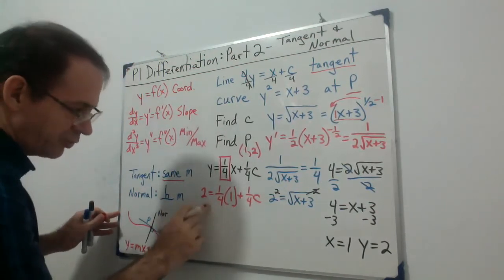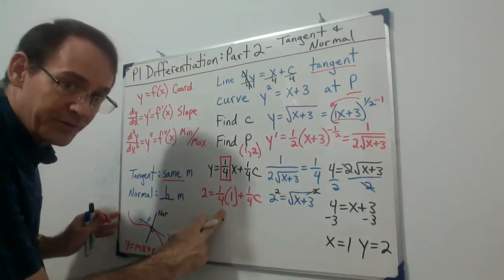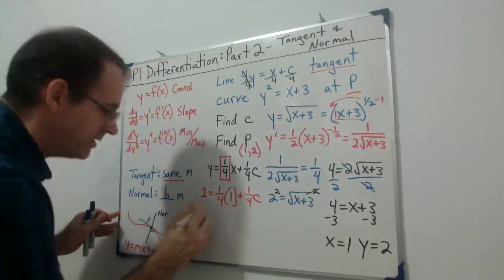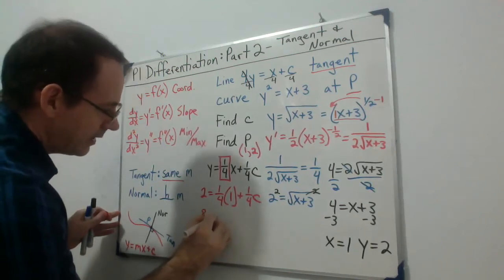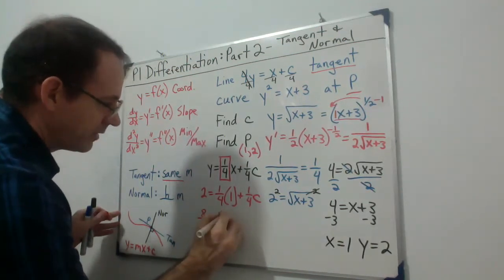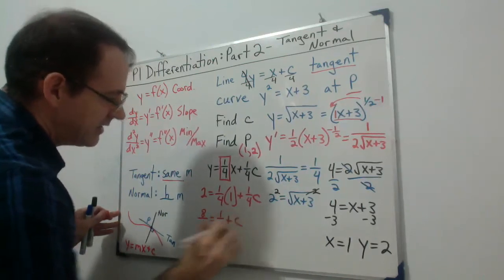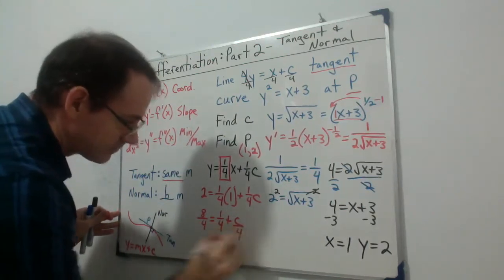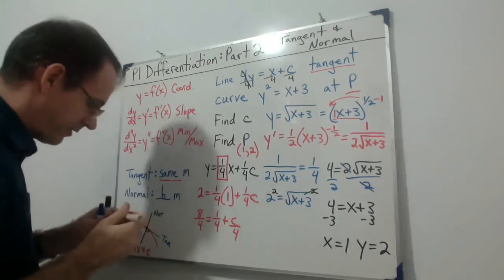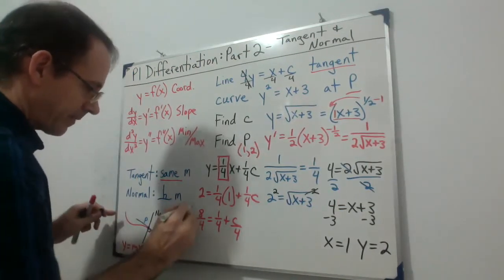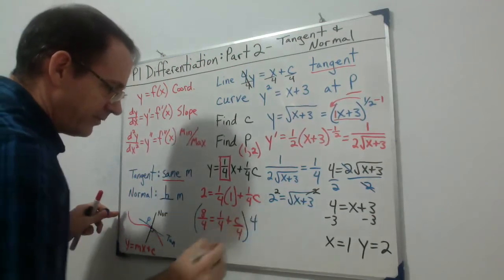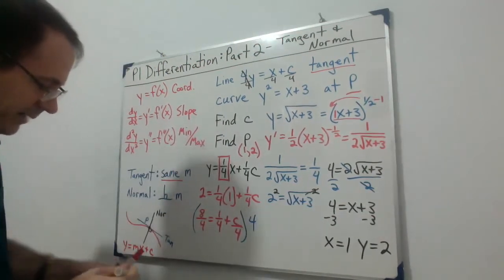So 2, since we're dealing with fourths, I'm going to change it to a fraction. That's 8/4 equals 1/4 plus C fourths. Multiply everything by 4 to get rid of your denominator.